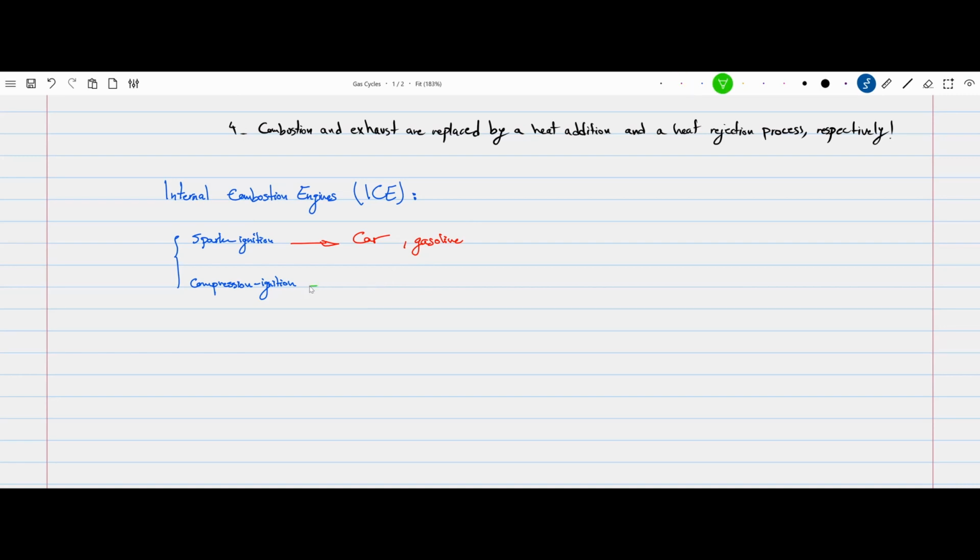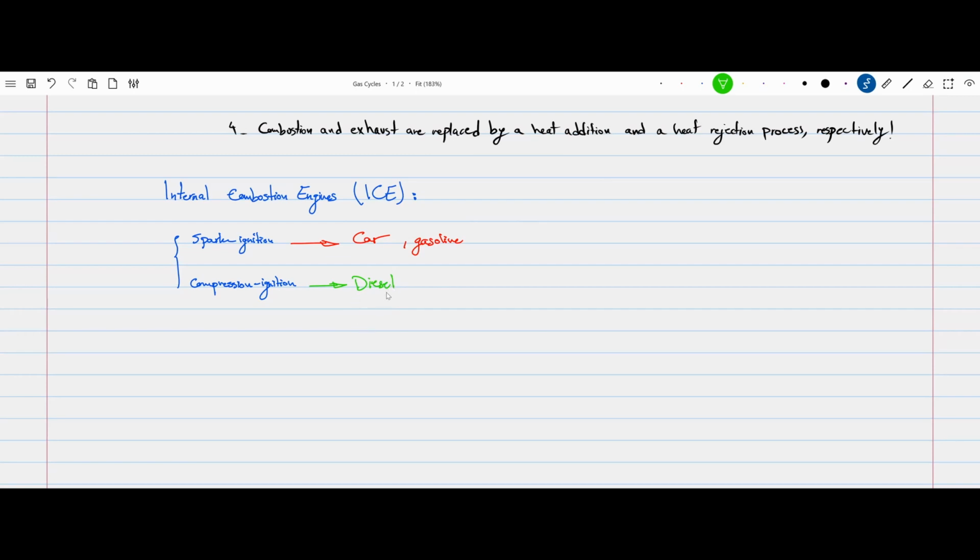Compression ignition engines are the ones that we usually have in more heavy duty situations like ship propulsion or a tractor, heavy machinery, and they are usually running on diesel fuel.